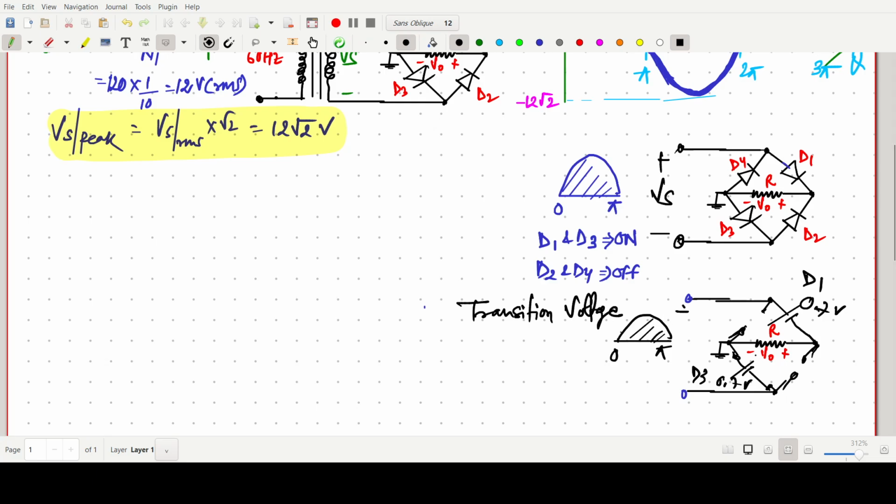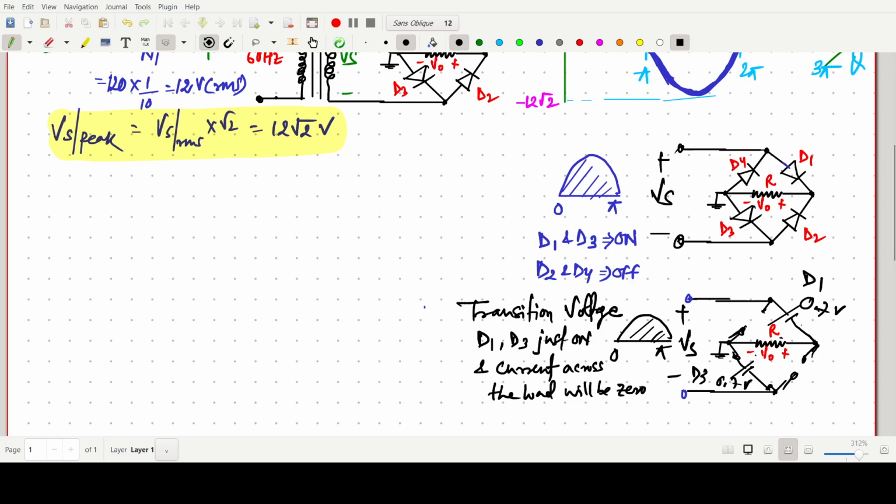In this case, this one is our Vs, and this one is 0.7. In transition voltage, our D1 and D3 are just on, and the current across the load will be 0.